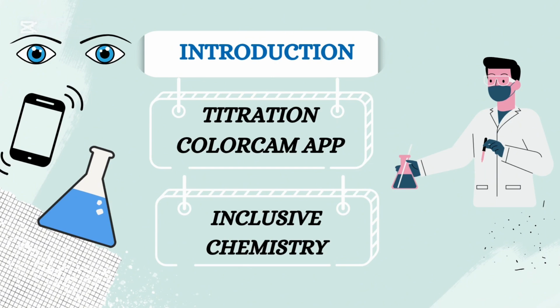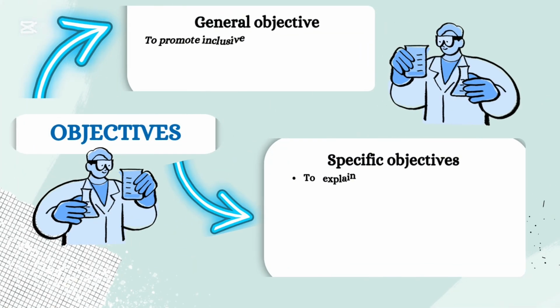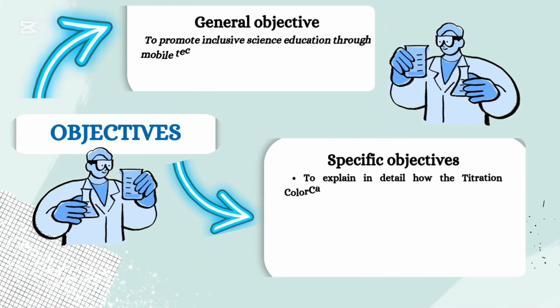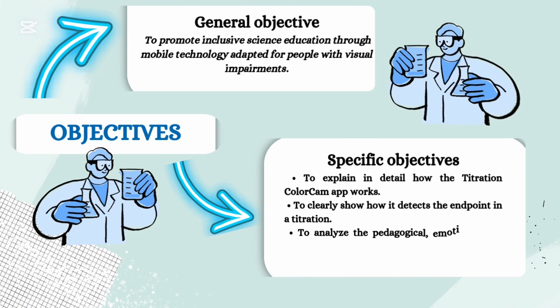Titration ColorCam was designed precisely for this, to assist students with visual limitations, so they can perform titrations independently, accurately, and safely using the phone's camera as an analysis tool. General objective: to promote inclusive science education through mobile technology adapted for people with visual impairments.